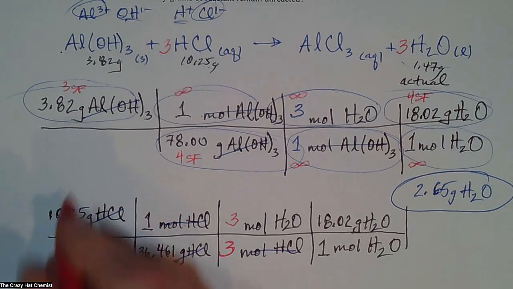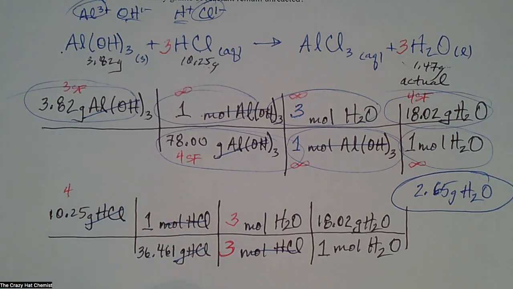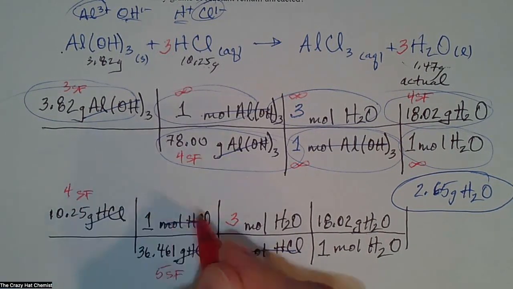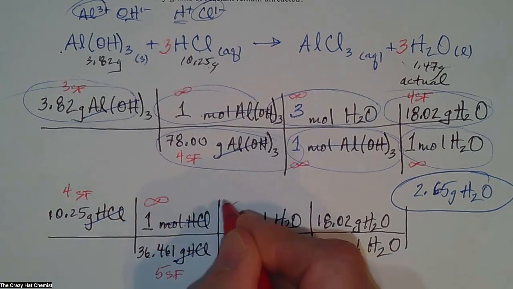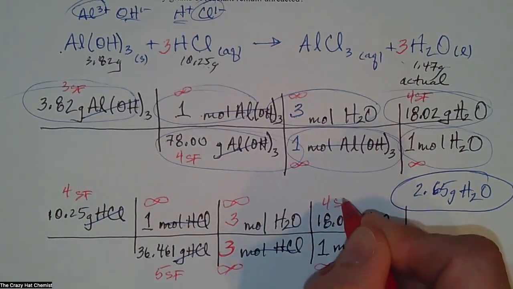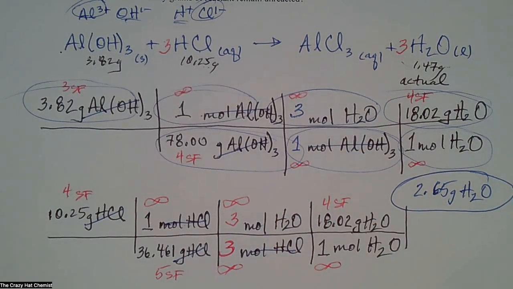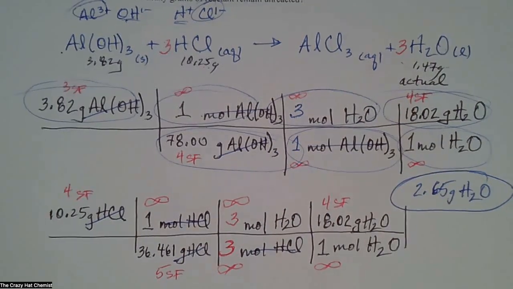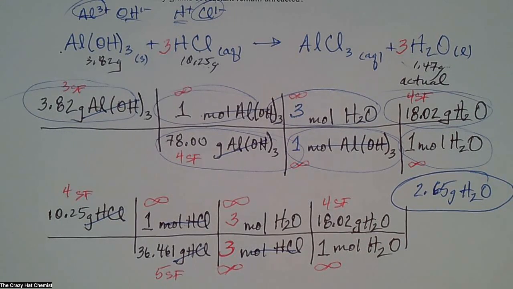I'm going to look at significant figures. This is 4 significant figures here. This is 5 significant figures. This is an infinite number of significant figures, infinite, infinite, infinite, and 4 significant figures. So this number has 4 significant figures, but it really doesn't matter because this other one has 3.